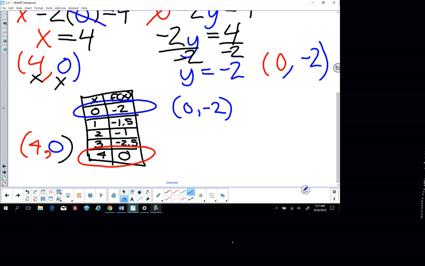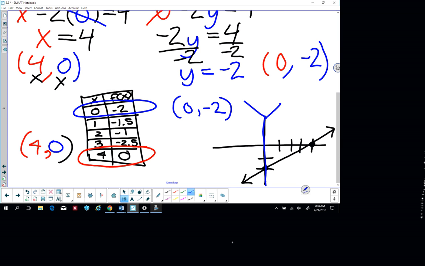So the last one, I'm just going to sketch a graph for you. It looks like this. And so remember, if you can make a Y with it, see how I can make a letter Y?